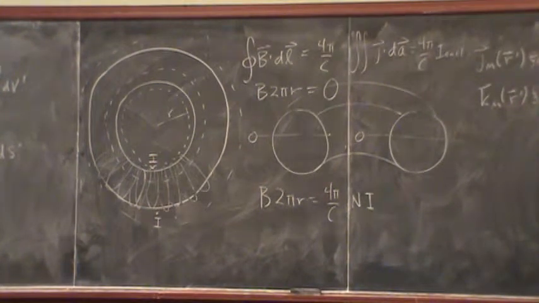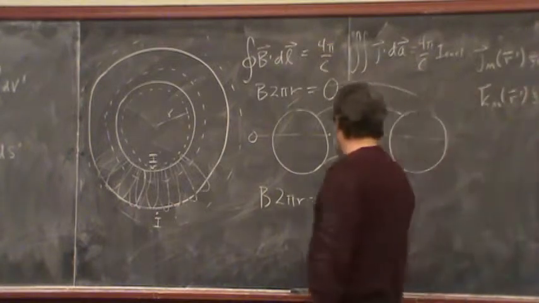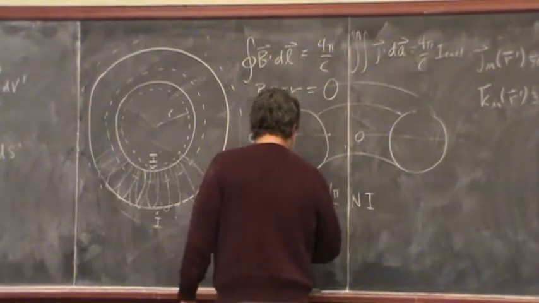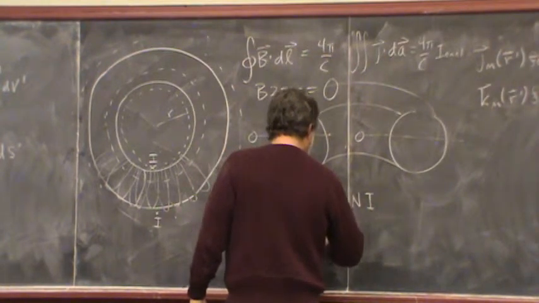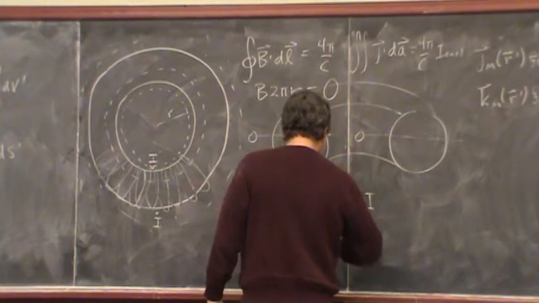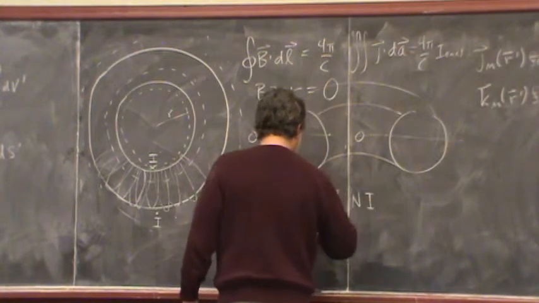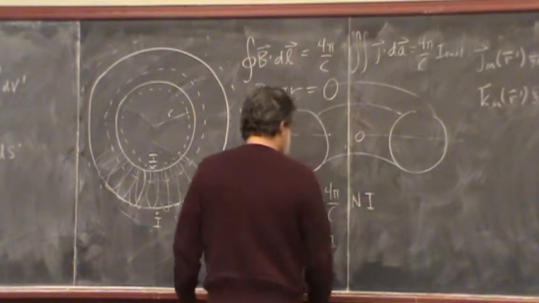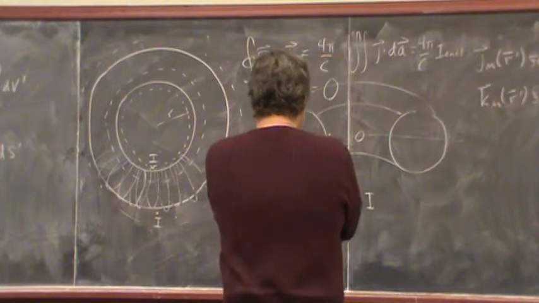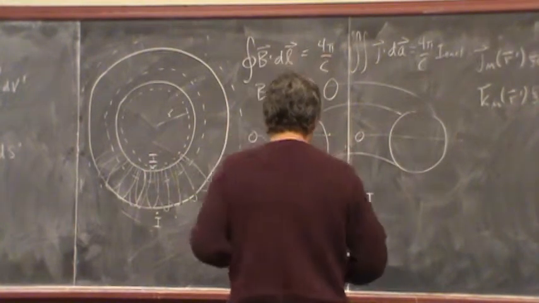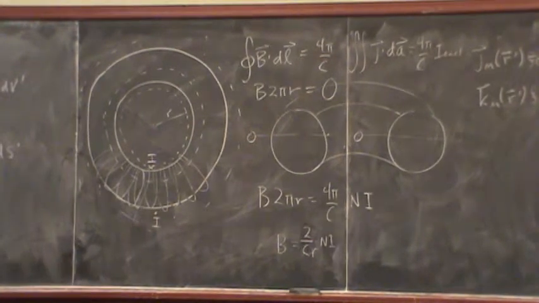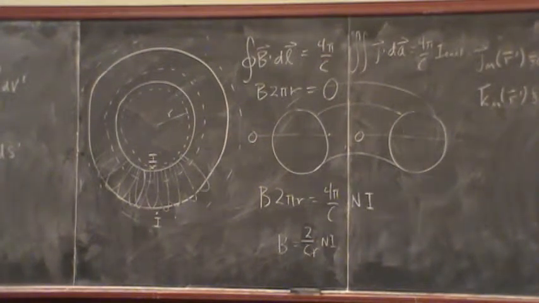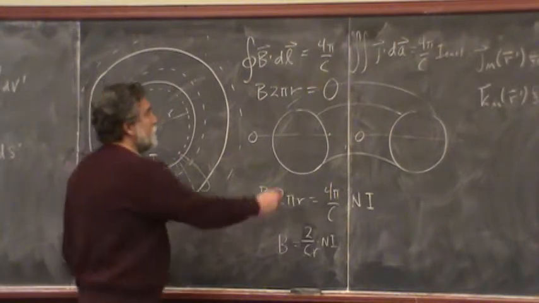Yep. And so the magnetic field is pretty simple in the torus. It looks like 2 over c, N I over r. That's it. What's neat about that is that that's the magnetic field here as well.